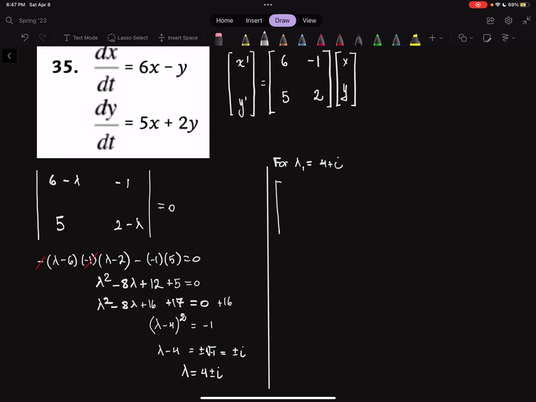Well, now we're going to have this system, 6 minus (4 plus i), don't forget the parentheses, minus 1, 5, and 2 minus (4 plus i). All of that, and we're going to have here x and y, and that's equal to 0, 0. This is the eigenvalue problem.